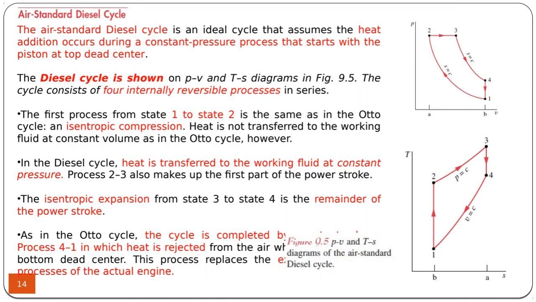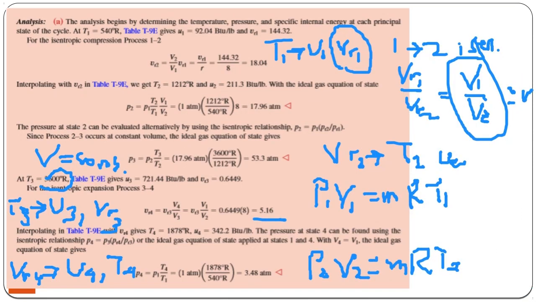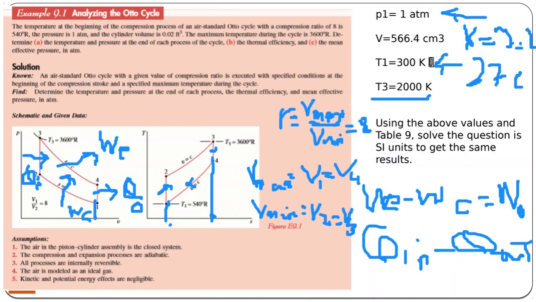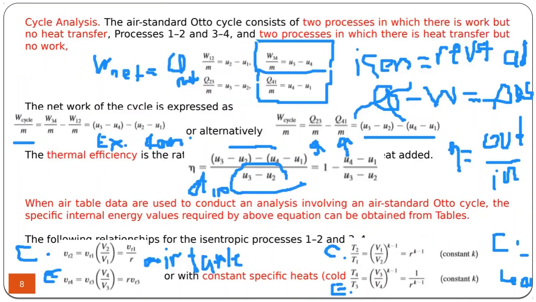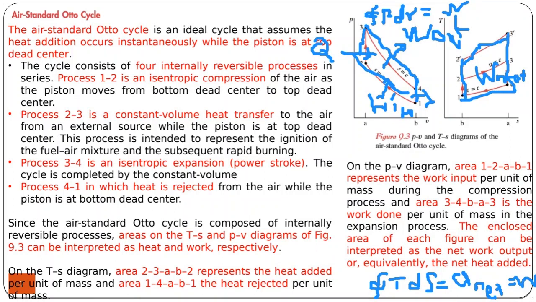Here, we will analyze now the air standard diesel cycle. But let's first remember the difference between the diesel cycle and the Otto cycle, or in other words, the gasoline cycle. In the gasoline cycle, we have a mixture of fuel and air at the beginning of the compression cycle. So we have a mixture of air and fuel here, and this air and fuel is compressed together.